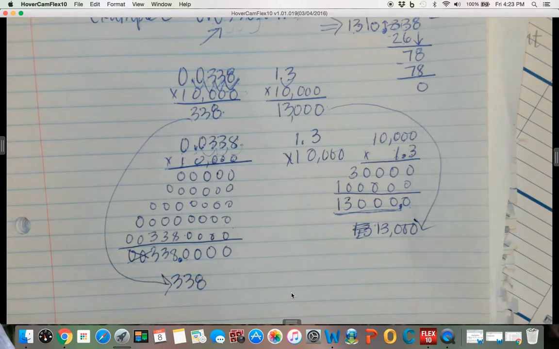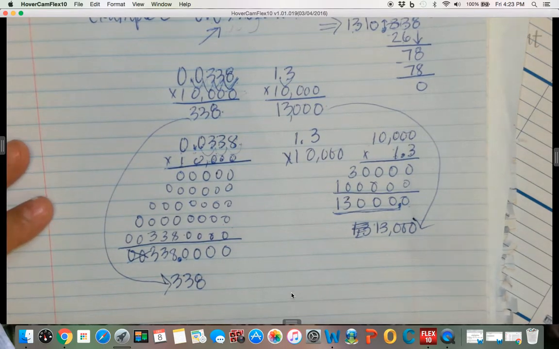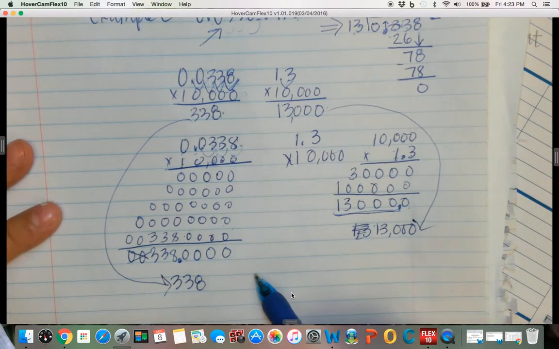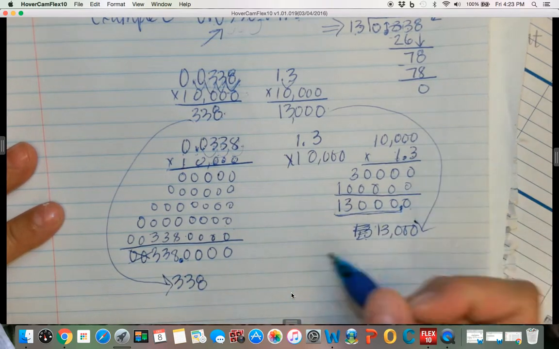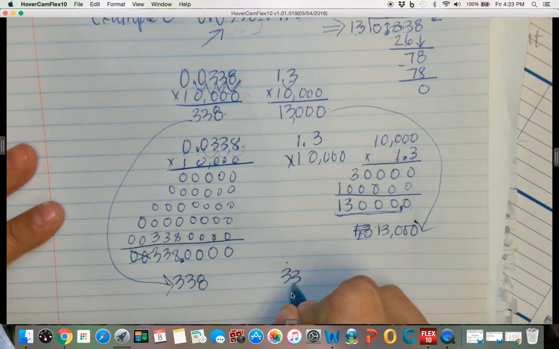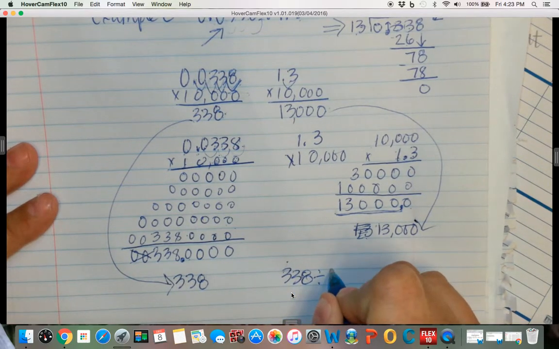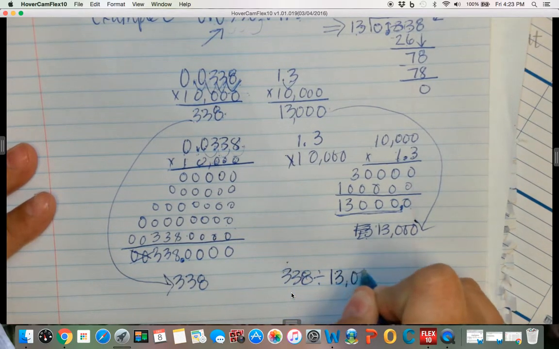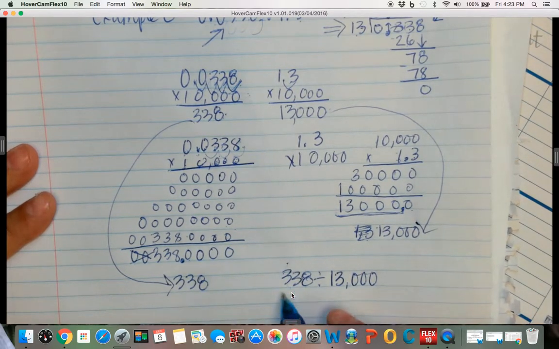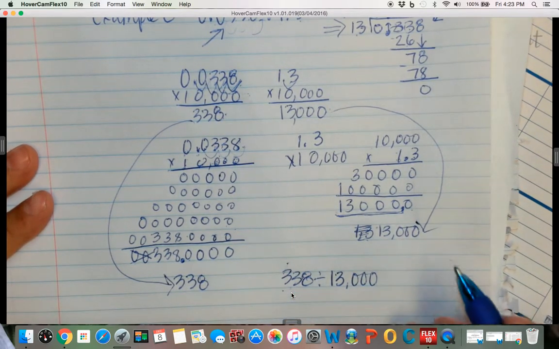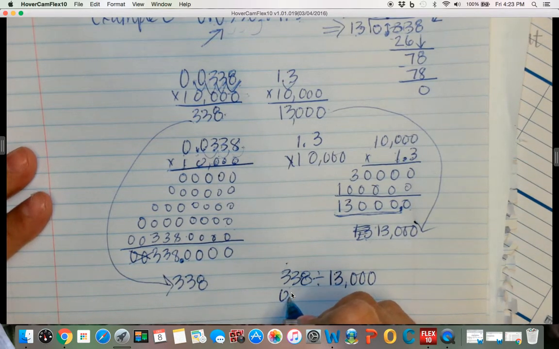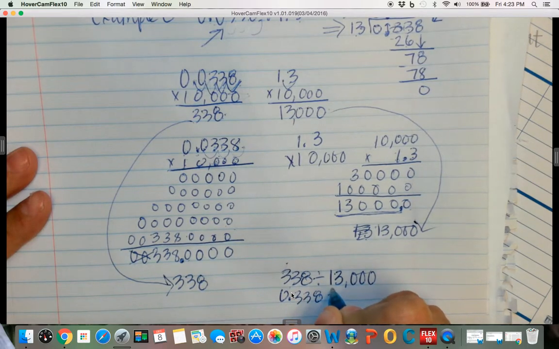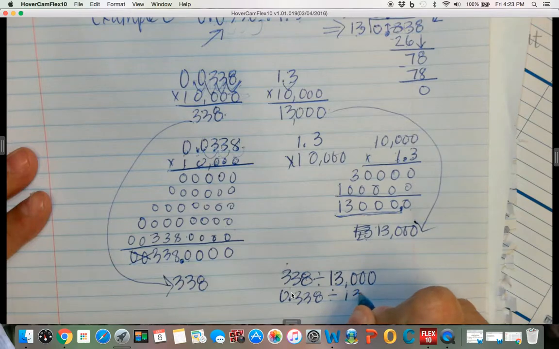Okay, so now I have this, which is 338 divided by 13,000. This is going to be the same as 0.338 divided by 13.